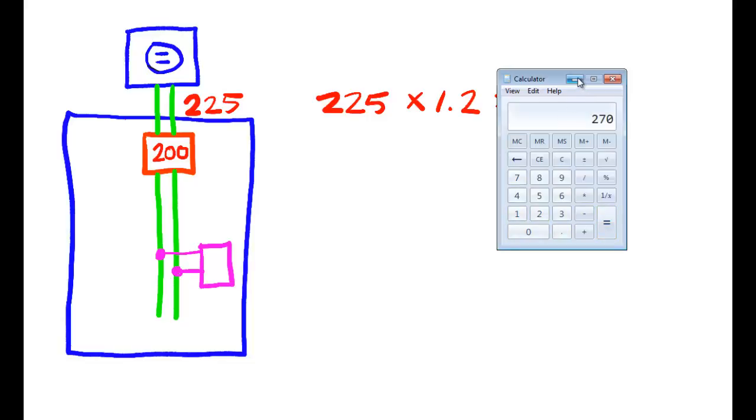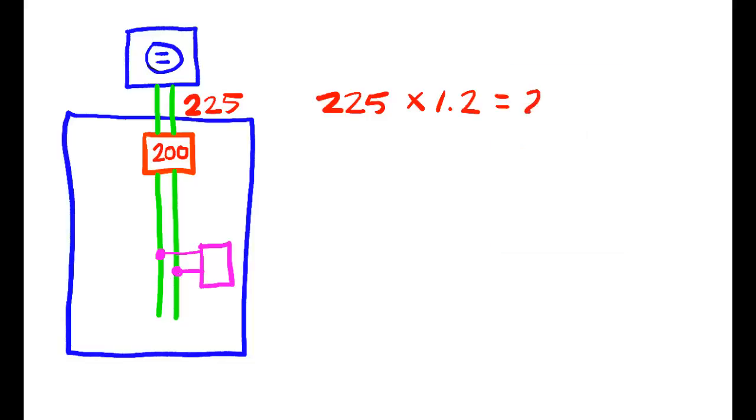Alright, so that's 270. We then subtract the rating of the main breaker, which is 200. That gives us 70 amps for solar. So the solar breaker can be as much as 70 amps.